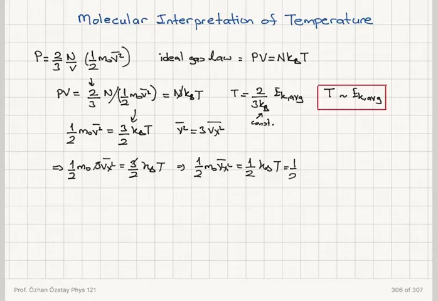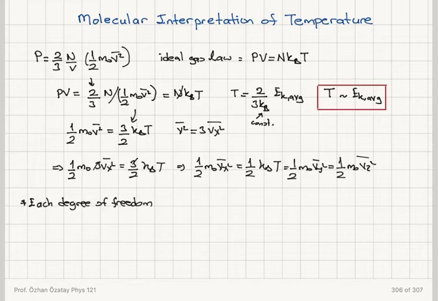And the same is true for vy square bar and vz square bar. And this is a very profound result. It's known as the theorem of equipartition of energy. Basically, this is the theorem: each degree of freedom contributes 1 over 2 kBT to the energy of a system.